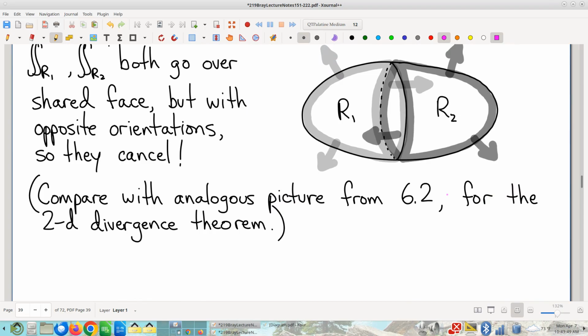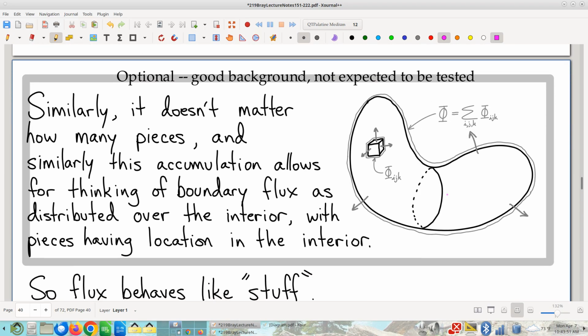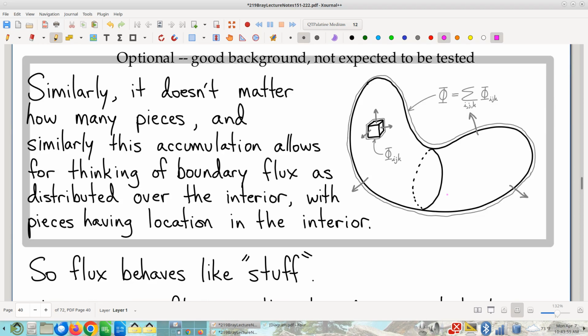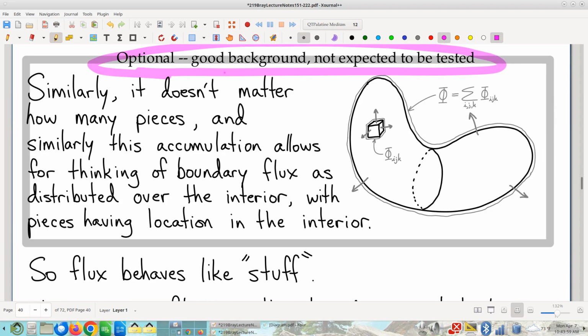So we have an accumulating quantity. We long ago established cool stuff about accumulating quantities. I feel like I've said that enough times at this point, right? But as far as a really consistent strategy, when you have any accumulating quantity, you can view it as being a kind of stuff.